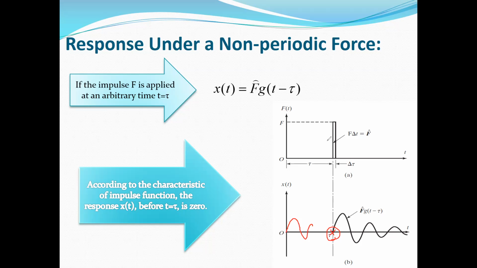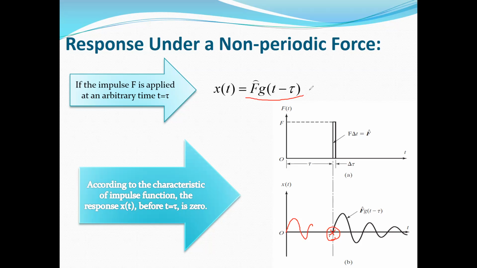So in the mathematical form, instead of F times g(t), you can substitute F times g(t minus tau), which is the response of an underdamped system subjected to an impulse which is inserted into the system at t equal to tau.